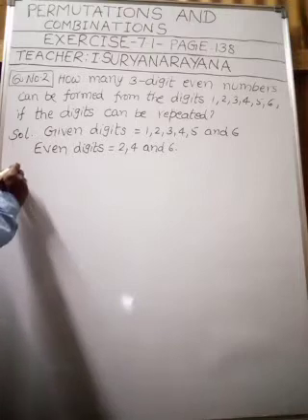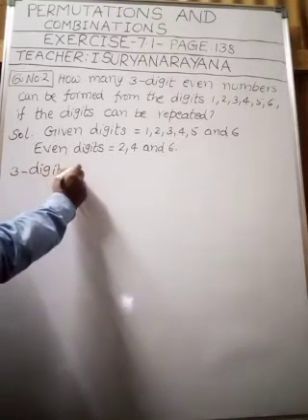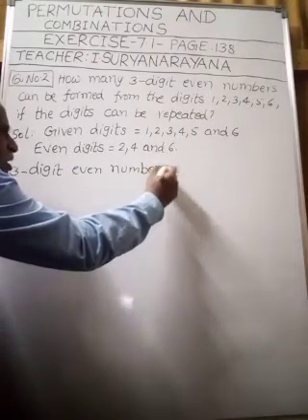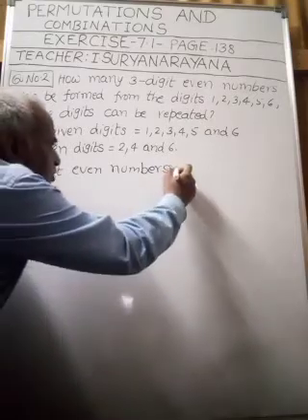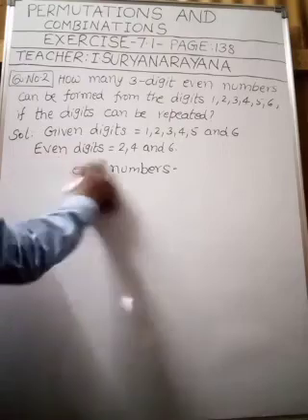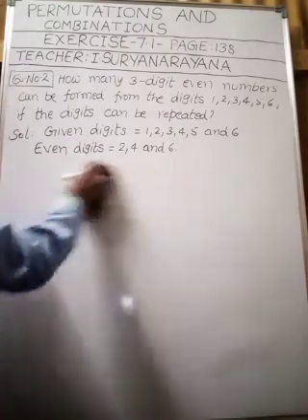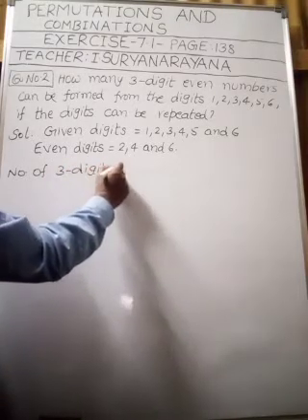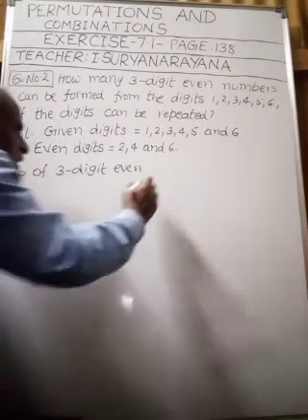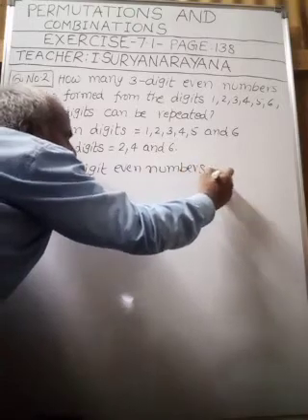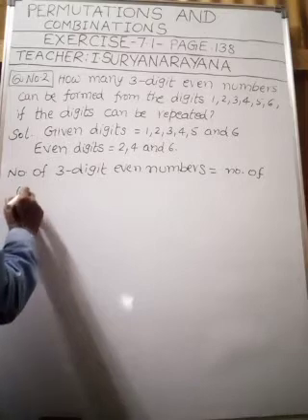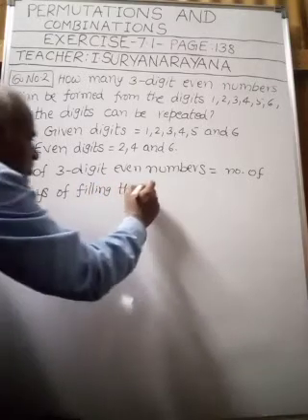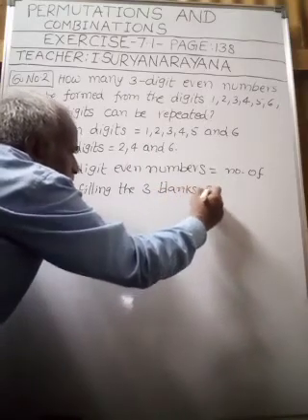Right. So the number of 3 digit even numbers is equal to the number of ways of filling the three blanks given below.